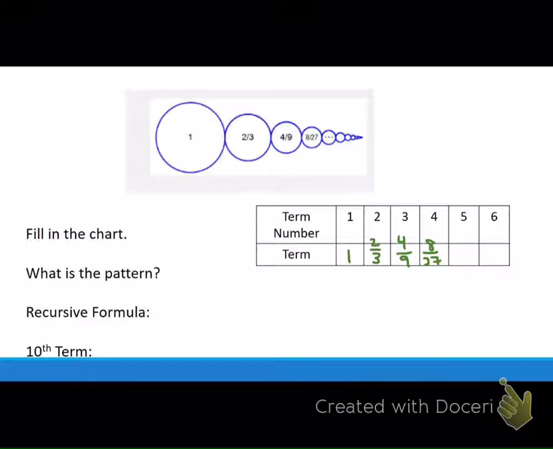Yeah, so you can do 8 over 27 divided by 4 over 9. So do that in your calculator. 0.666. What'd you get? 2/3. 0.6 repeated is 2/3. So we are constantly multiplying by 2/3.